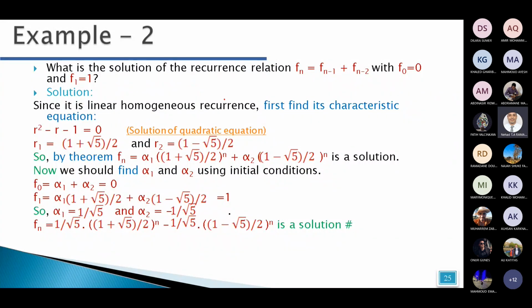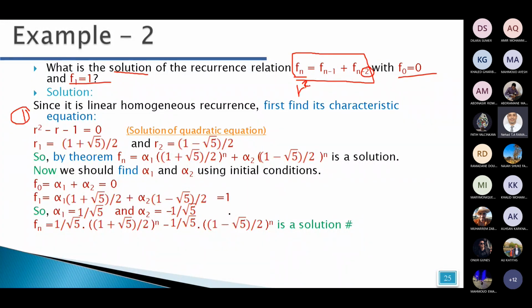In this example, we have this recurrence relation, and we need to solve it or find a solution for it. And we have this initial value. Same idea. First step, what? Find the characteristic equation. What's the characteristic equation? R power k, which here is 2.